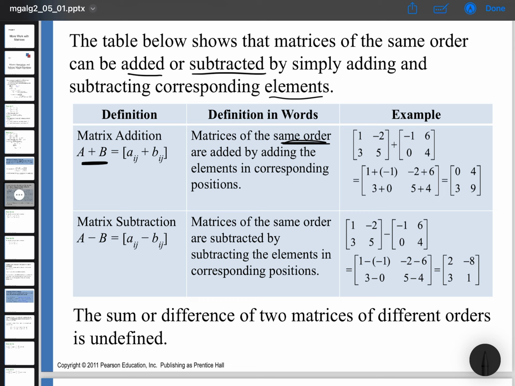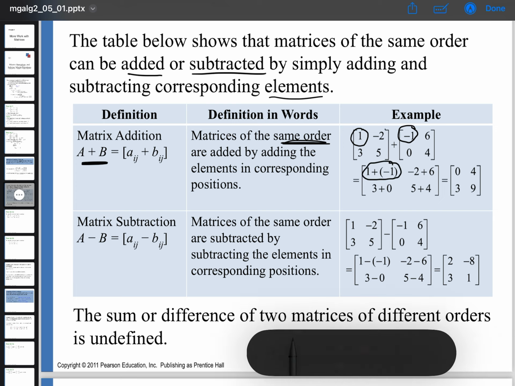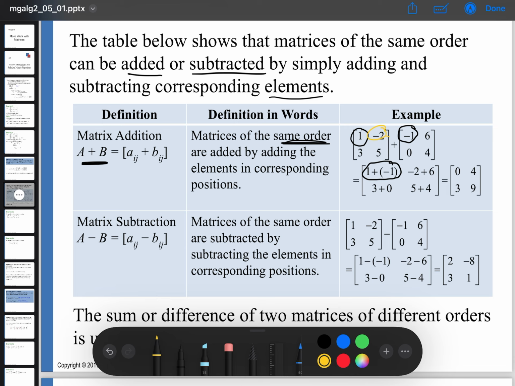So over here, I'm adding the element in row 1, column 1 with row 1, column 1 to get that. I'm adding the element in row 1, column 2 with the other row 1, column 2. That's going to give us 4. I'm adding these two down here. That's going to give us 3. And I'm adding these two. That's going to give us 9.